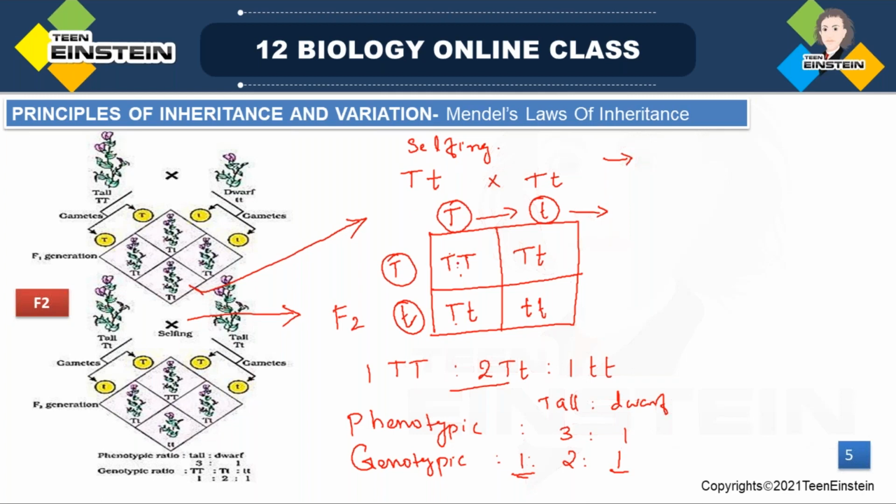And if it is combining with a recessive allele, there is a heterozygous tall condition. Again, the same condition repeats here also. That's how it is forming homozygous tall, 2 heterozygous tall and 1 homozygous dwarf. There is a 50% chance for each combination.